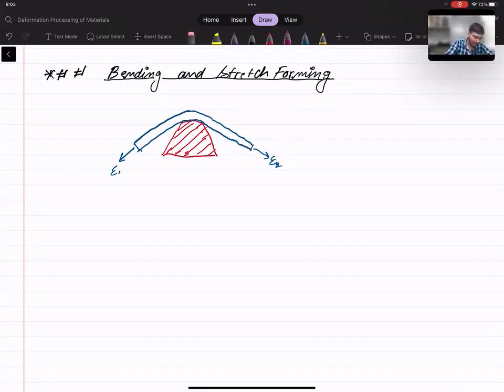Okay. So this angle here is known as the half of the bending angle. Okay. So this angle is alpha. And this is our blank. This is the die.